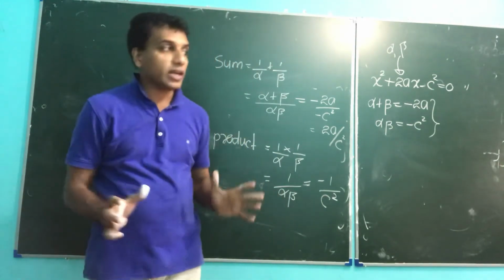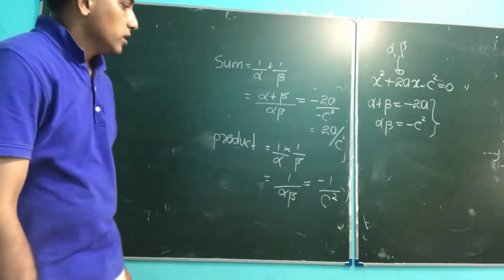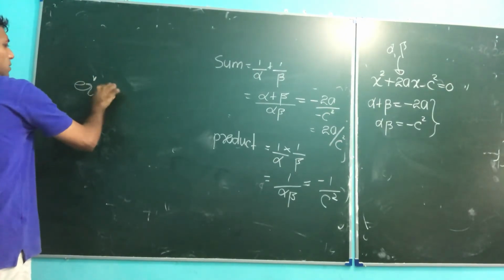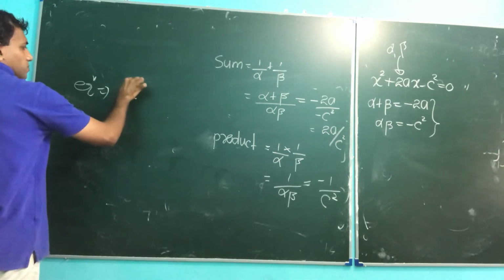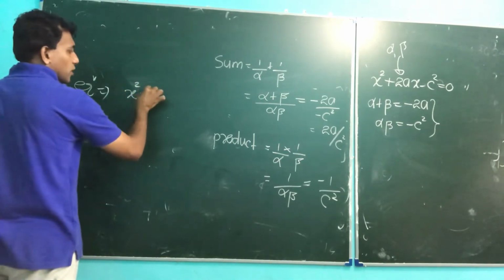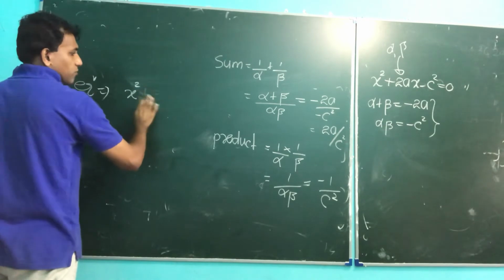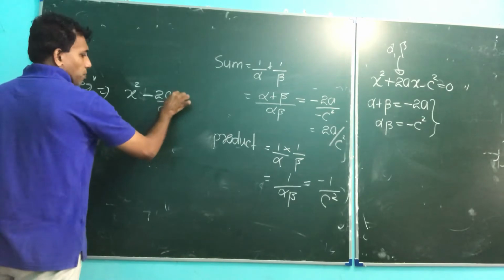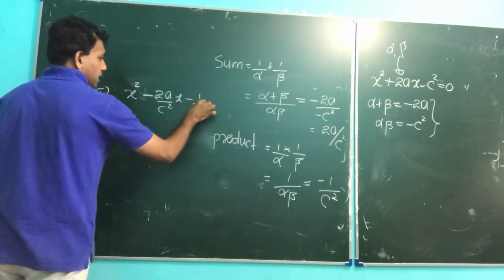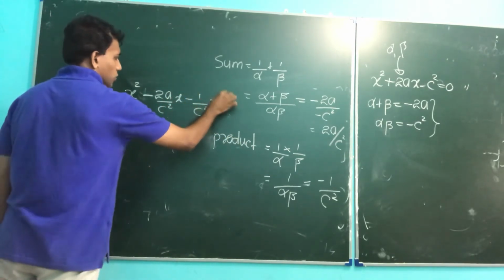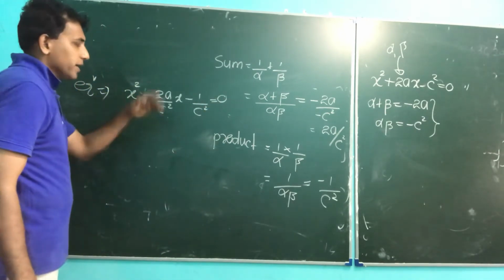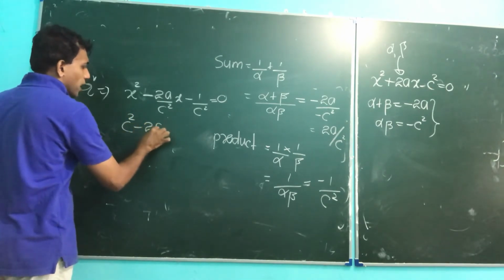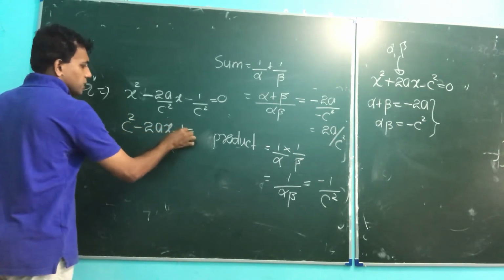So now you are familiar with this type of question, right? Therefore what is the equation required? x squared minus the sum of the roots, so minus 2a over c squared x, plus the product, that is negative, minus 1 over c squared, equals 0. Multiplying by c squared, the answer is c squared x squared minus 2ax minus 1 equals 0.